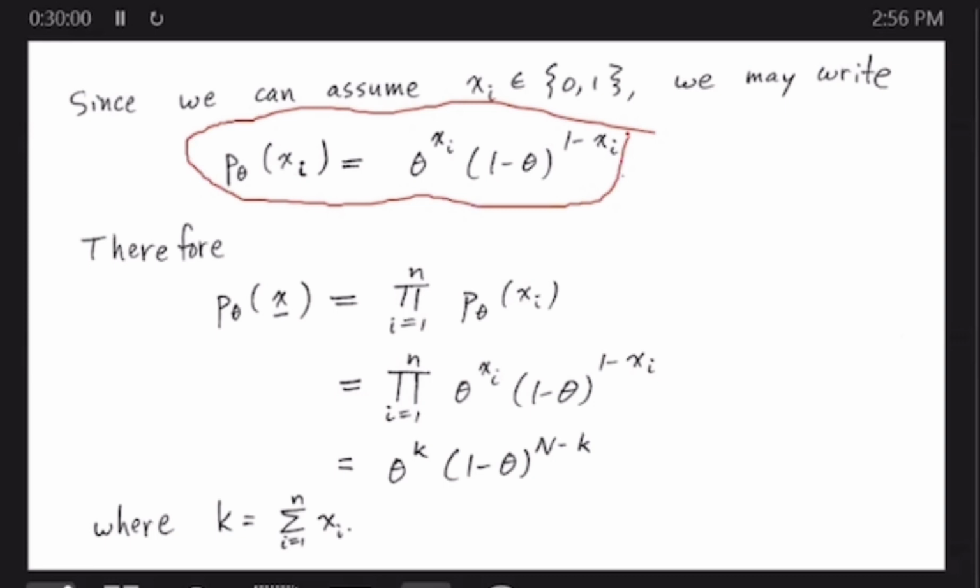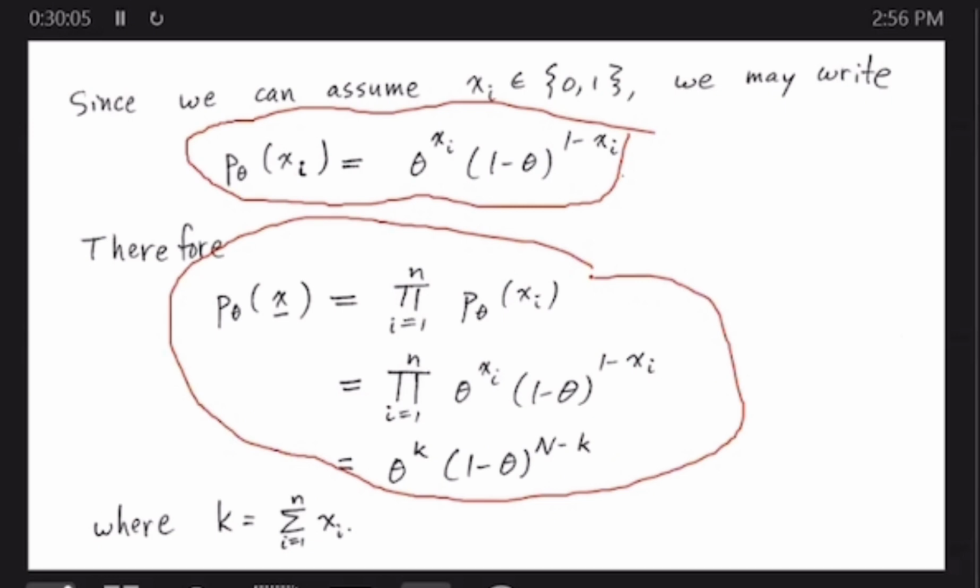Now, the very next thing to do is to get the likelihood. The likelihood is obtaining the joint probability mass function. Joint probability mass function means I'm going to have a product. That's what we mean by joint.